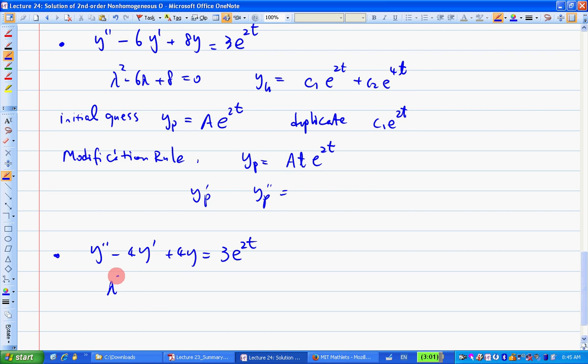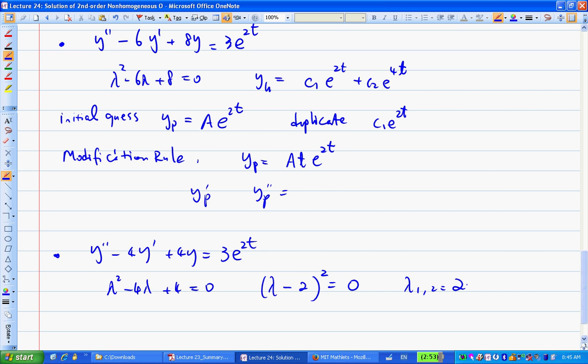Characteristic equation. Lambda squared minus 4 lambda plus 4 equal to 0. So what's the solution for lambda? 2. So you have a double root here, right?